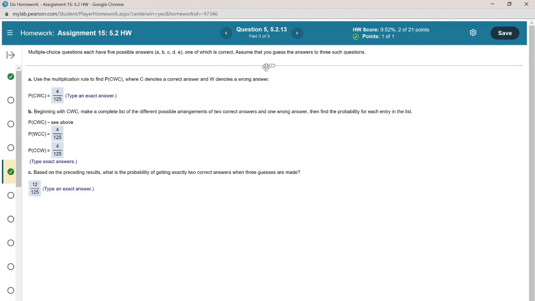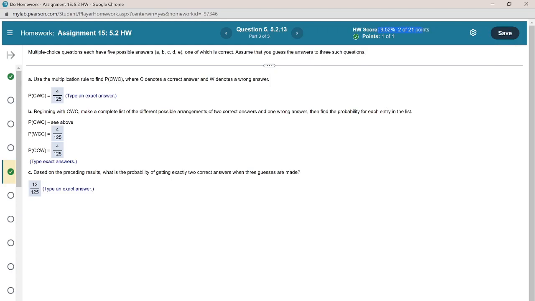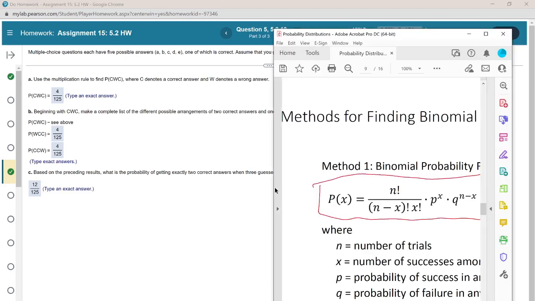Here n is 3, x is 2, so 3 factorial over 3 minus 2 factorial times 2 factorial. If you just use this formula manually, you can also find the same answer.